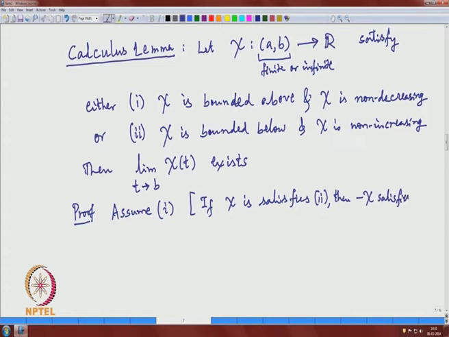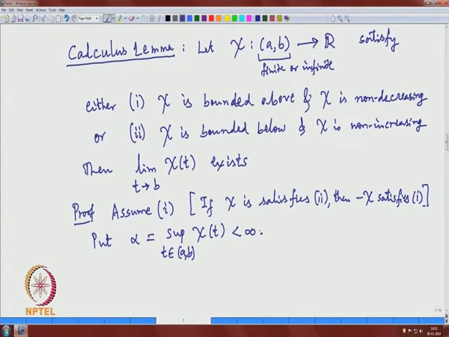Okay. So, if limit chi(t) exists, then limit minus chi(t) also exists. So, it is sufficient to prove the lemma in one case. Okay. Since chi is bounded above, so put alpha equal to the supremum of chi(t), t belongs to (a, b), and since we are assuming chi is bounded above, this is finite.